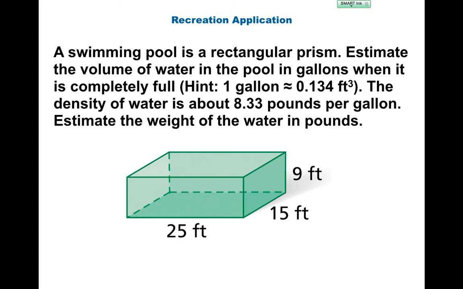So the 0.134 cubic feet would go on the bottom and 1 gallon on the top. So that is not a multiply. That's 3,375 divided by 0.134. Divide, because that much of a cubic foot makes every gallon. Divide by 0.134.